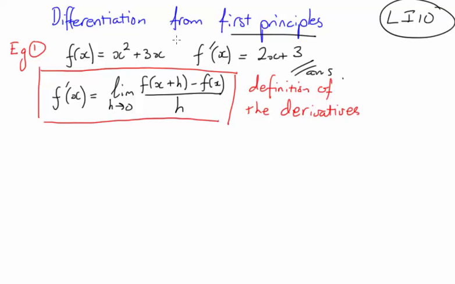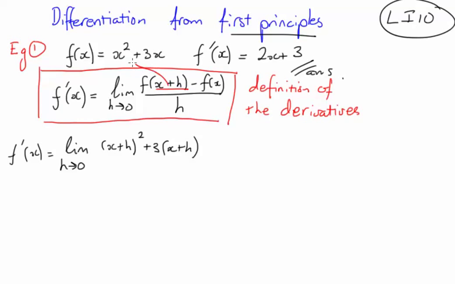So let's find this derivative. Well, we've got to do a substitution. So the derivative equals the limit as h approaches 0 of f of x plus h. So here's f of x. We need to sub in x plus h all squared plus 3 times x plus h. Notice how x plus h is the argument, and it's getting subbed in to this function.